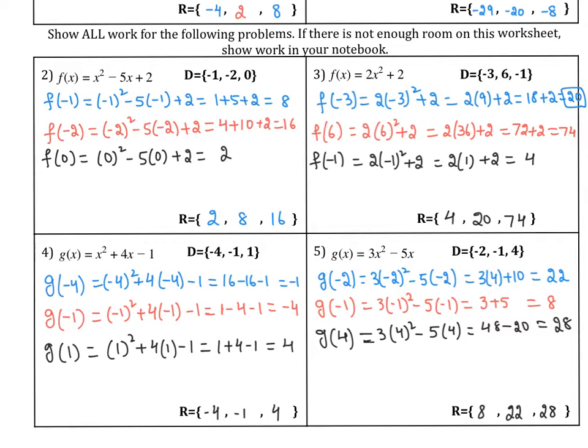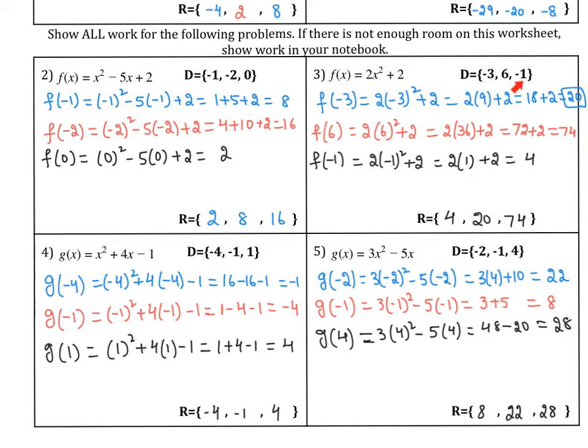For number 3 again, you're going to use negative 3 first and plug it in here for x. Negative 3 squared is 9. So 2 times 9 plus 2 is 18 plus 2 is 20. Use 6 for x values. You're going to get f of 6 equals 2 times 6 to the power 2 plus 2. 6 to the power 2 is 36. 36 times 2 is 72 plus 2 equals 74.